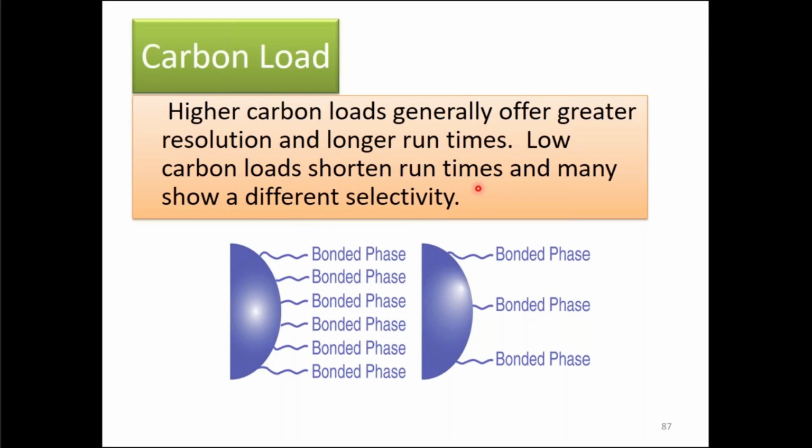So here, if your main aim is to make your analysis faster, complete it faster, then you go for lower carbon loads. If you want very good resolution as well as short retention time, you take a compromise between the two and you go for medium carbon loads, which is the most commonly used for starting an experiment where you have an unknown sample.